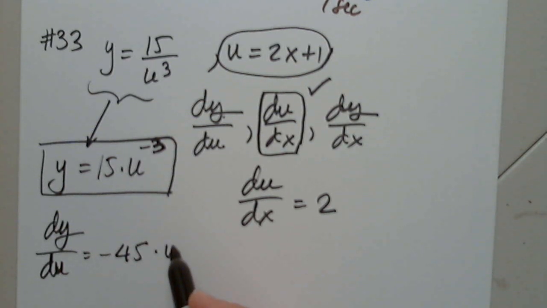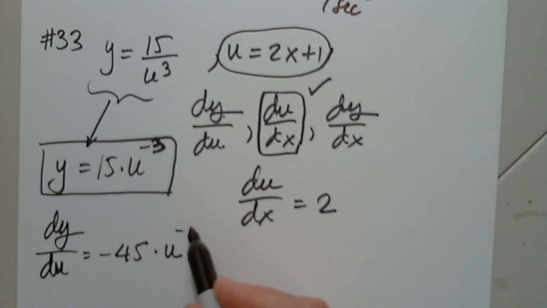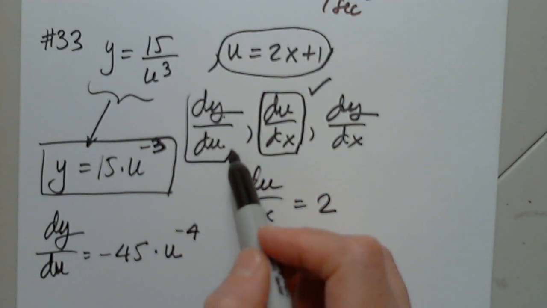And we multiply by u to which power? Is this negative 45 over u to the 4th? Yes, but the power will be negative 4. Good. So we found this as well.